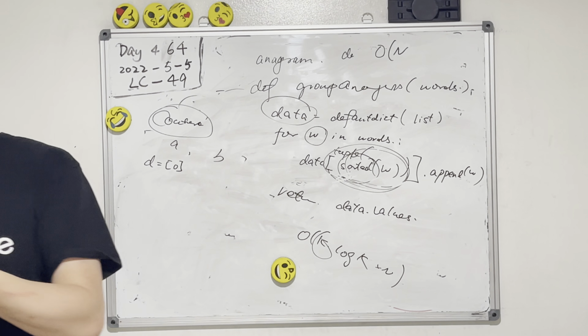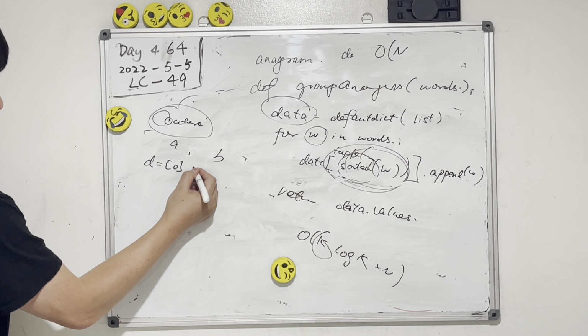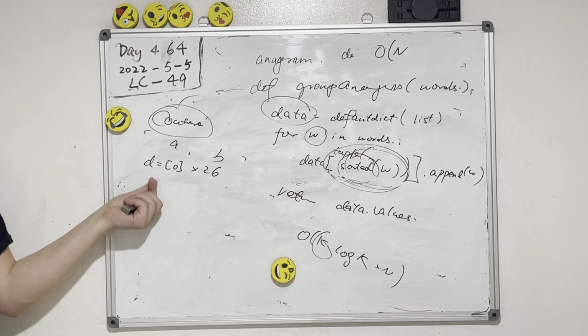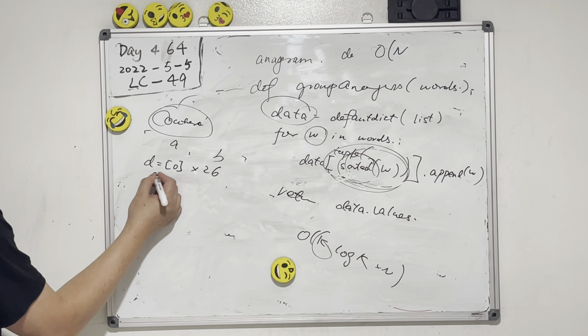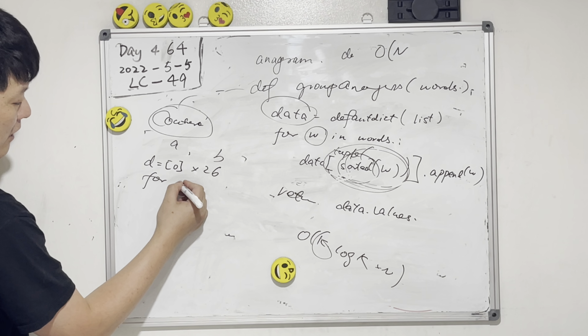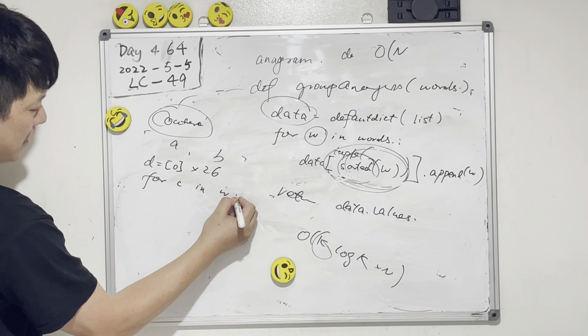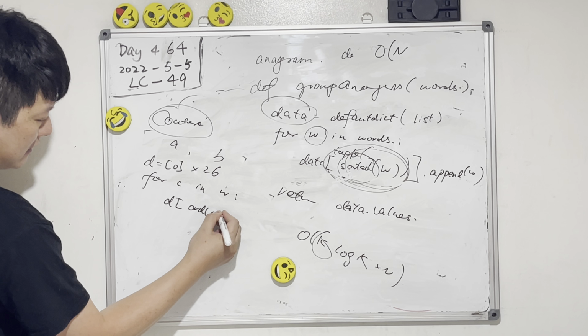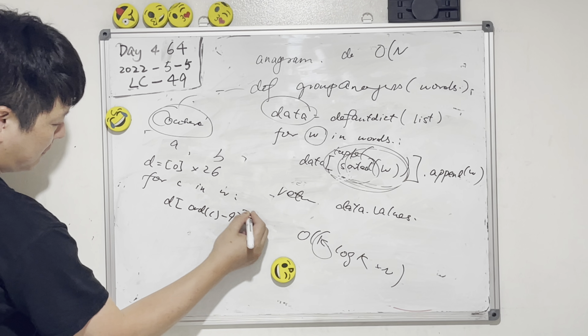If these words are all lowercase, then we have 26 characters and we want to count them. Let's create an array, d, of 26 elements. For c in w, d[ord(c) minus 97] plus equals 1.